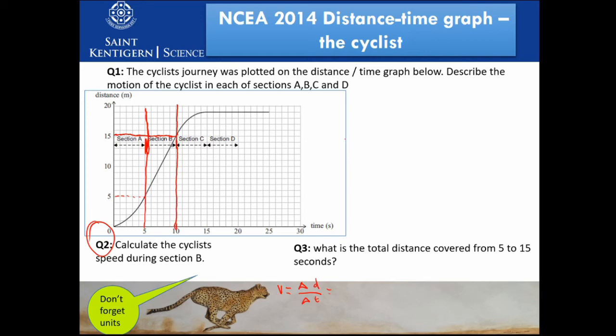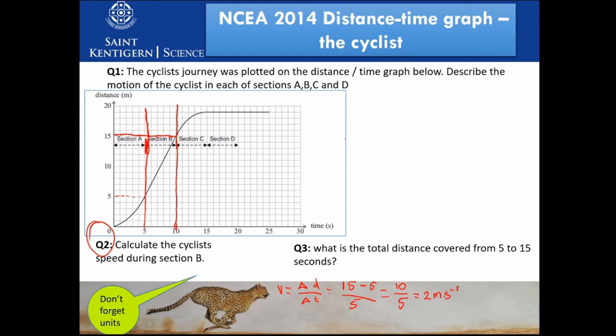So our distance went from 5 all the way up to 15. So that means D final is 15 minus D initial, which is 5, divided by, I go from 10 down to 5, so that gives me 5 seconds. So we've got 15 minus 5, which is 10, over 5, and 10 over 5 is the same as 2 meters per second.